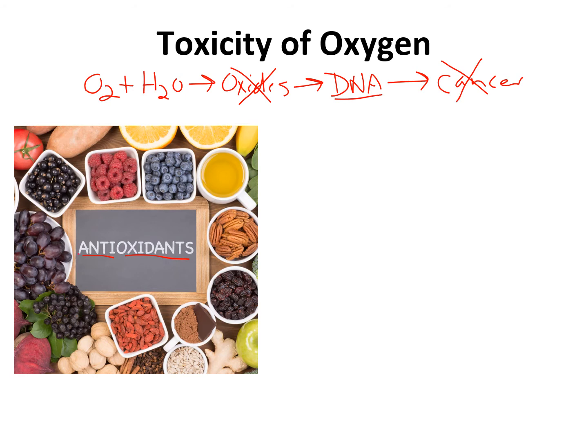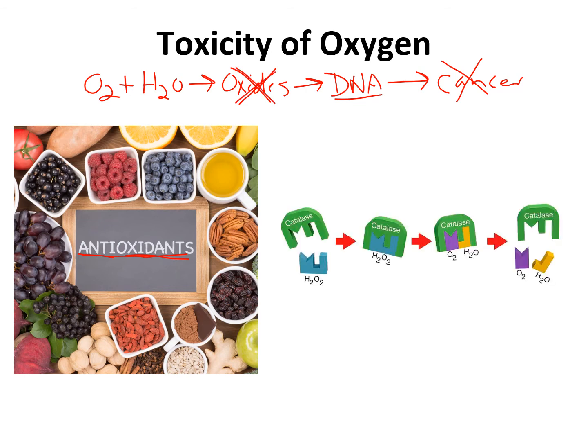But antioxidants are not the only way we can protect ourselves. All of our cells actually have enzymes, and several different types of enzymes that can detoxify the oxides. And one such enzyme that's very common in eukaryotic and prokaryotic cells is catalase. Catalase, you know this is an enzyme because it ends in ase.